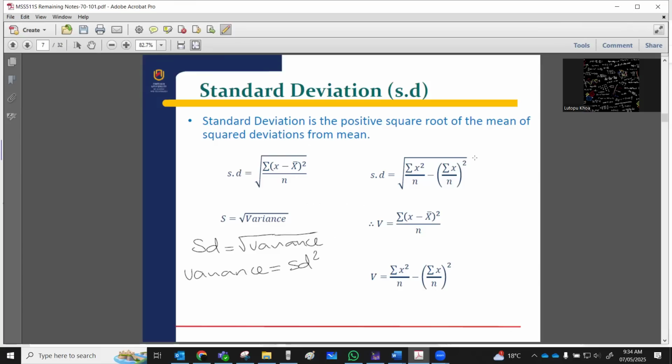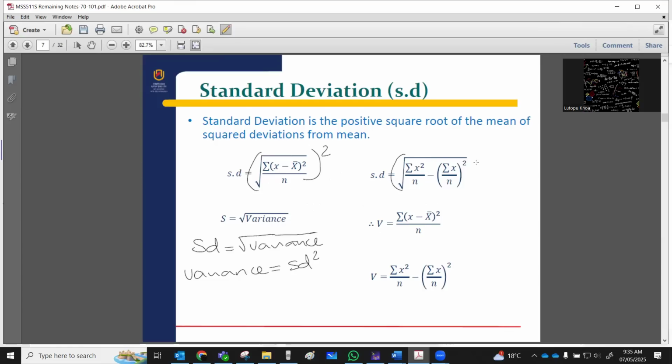So this formula here, sometimes you can use this one over here, and you can see that with our standard deviation, if you just square both sides, then what you're left with is your variance. If I were to square this one, the square and the square root would cancel out, and I would end up with this formula here.